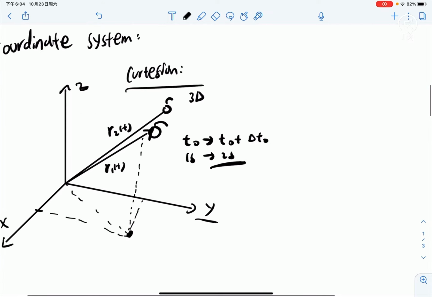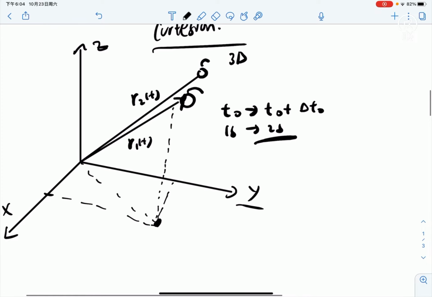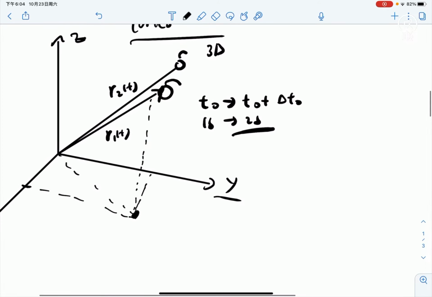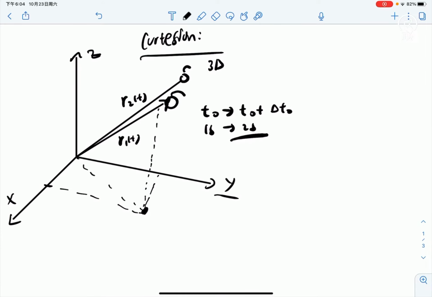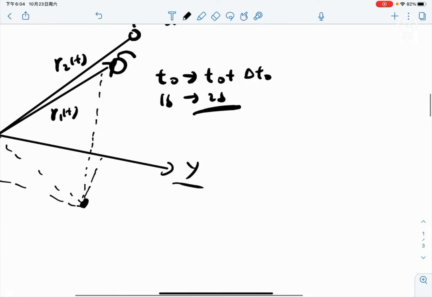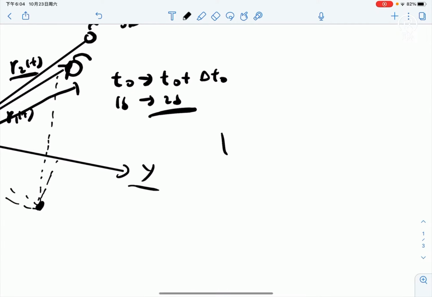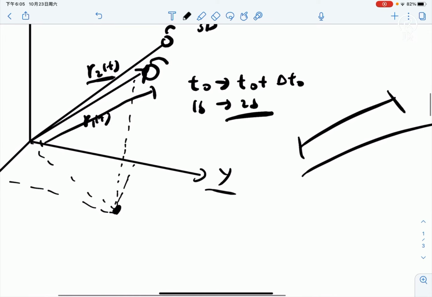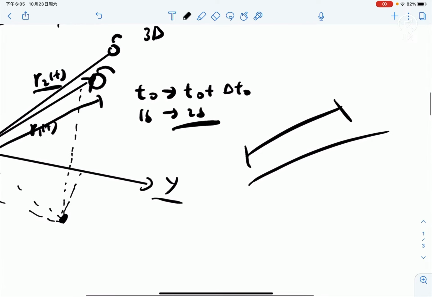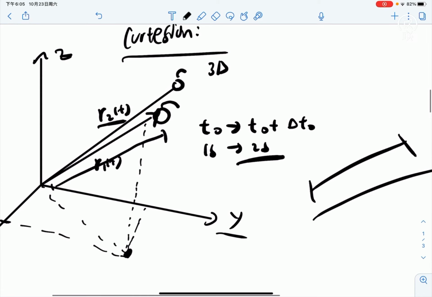So now we need to go over the definition of a vector. A vector has both direction and magnitude. The magnitude is basically the length of this r vector, and the direction is basically pointing north, south, east, west, or pointing upward, downward.